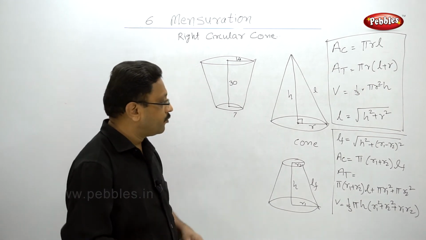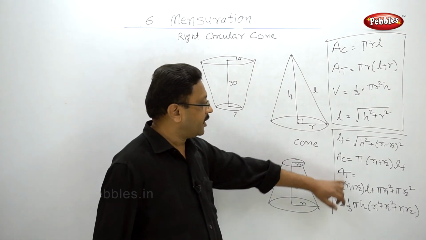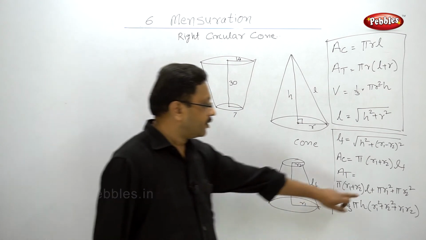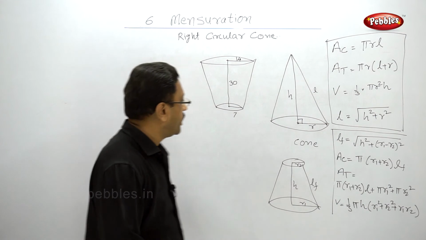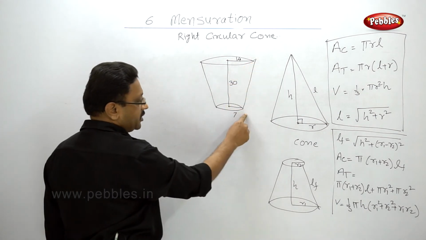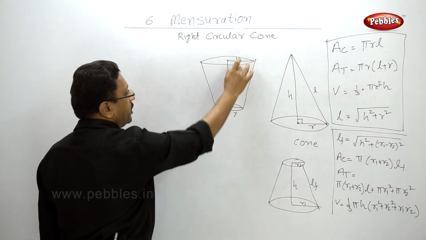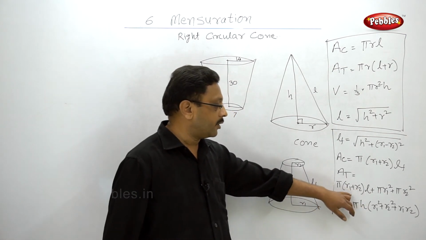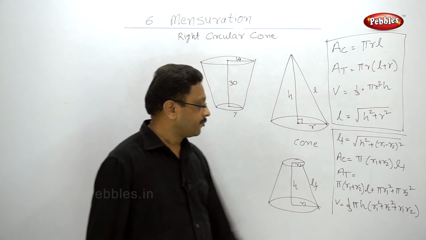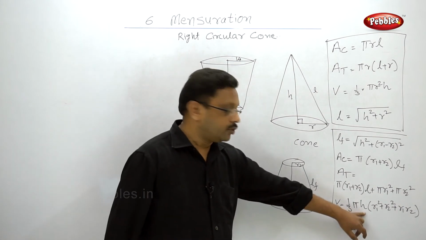Now when we want to find out the total surface area, what will we need? We will need the slant height also of the frustum. So first you have to find out the slant height, because h, R1 and R2 you already know for the total surface area. For the volume, h you know.